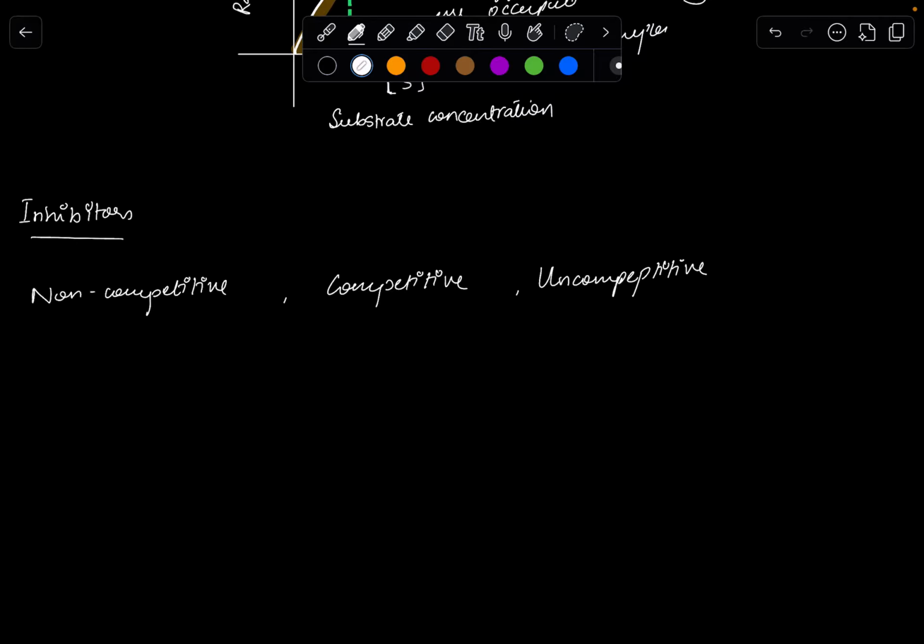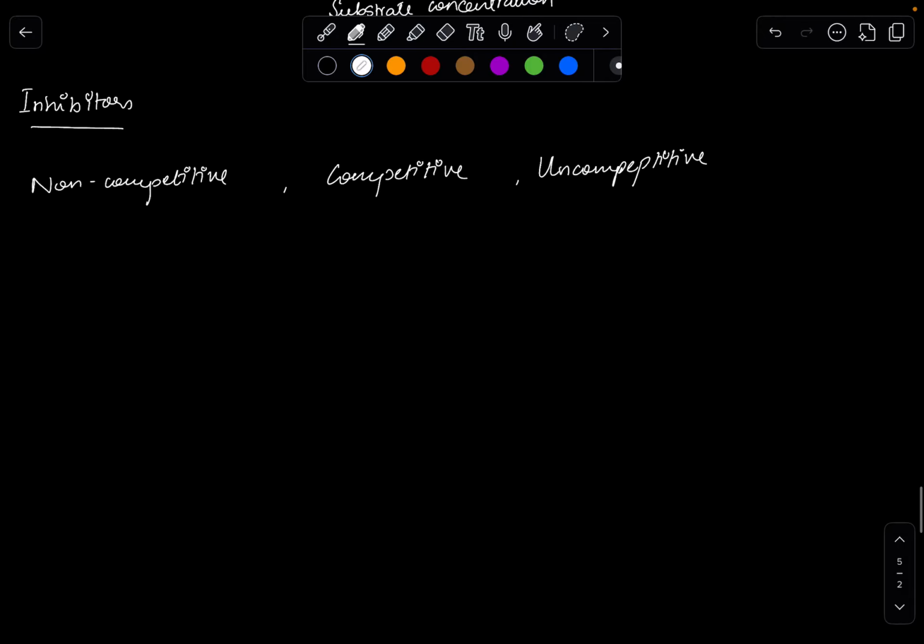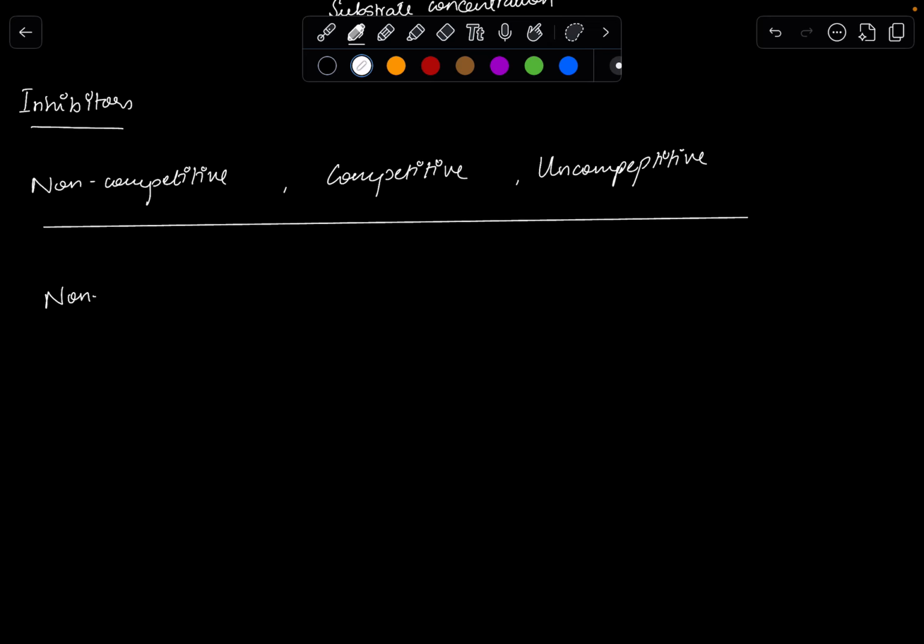Non-competitive is not the same as uncompetitive. Just want to clarify that. And so if we look at each one of these, let's start with our non-competitive inhibitor.